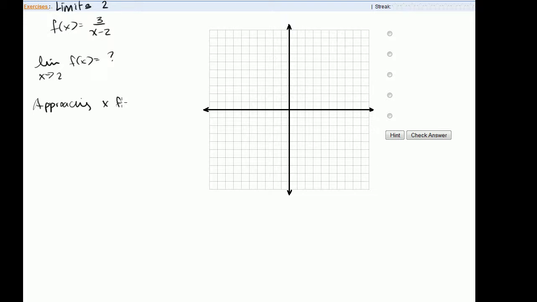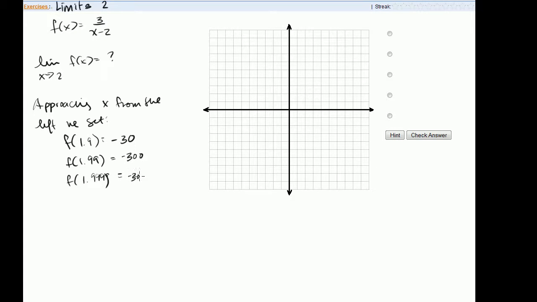2 from the left, you could either do a table, or you could say f of 1.9 is equal to whatever that is. It's like 30, right? No, let's see, it would be -30. f of 1.99 would be -300. f of 1.999 is equal to -3000.